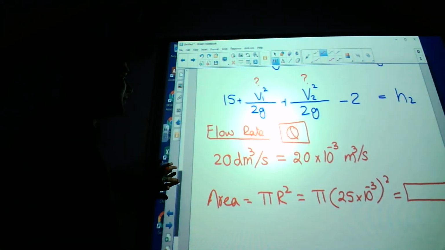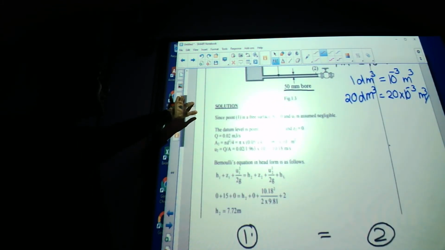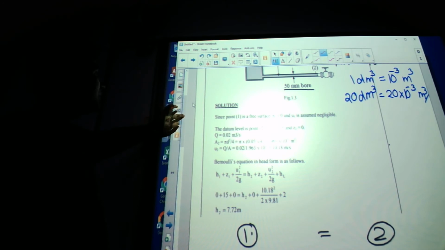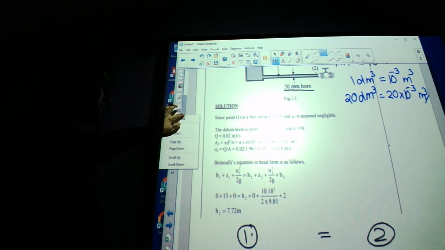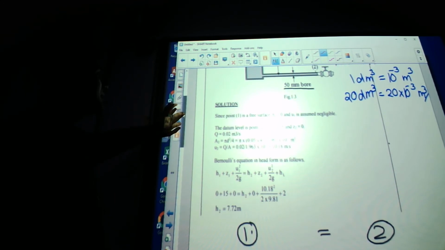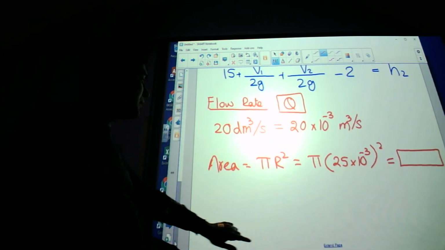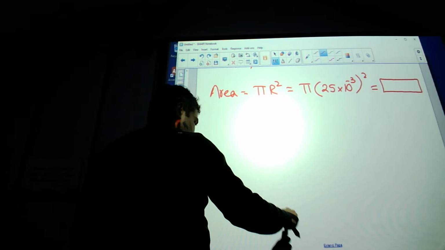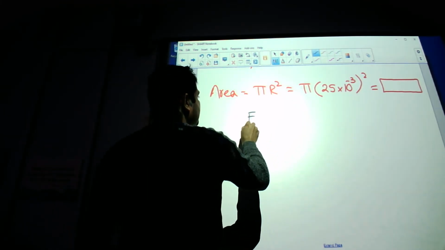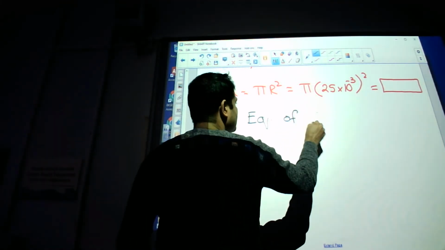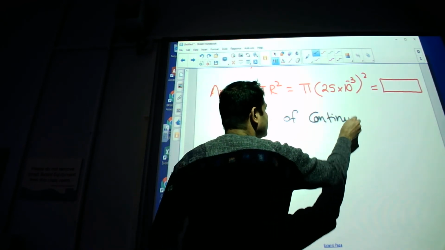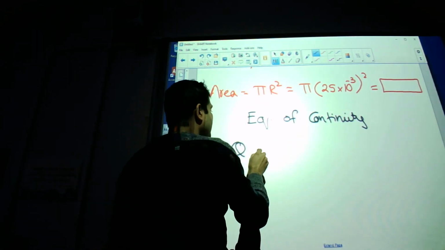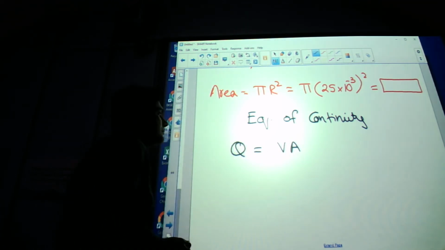When I got this answer, whatever it is, I need to use the continuity equation. Now what is the continuity equation? The continuity equation states that Q equals VA.